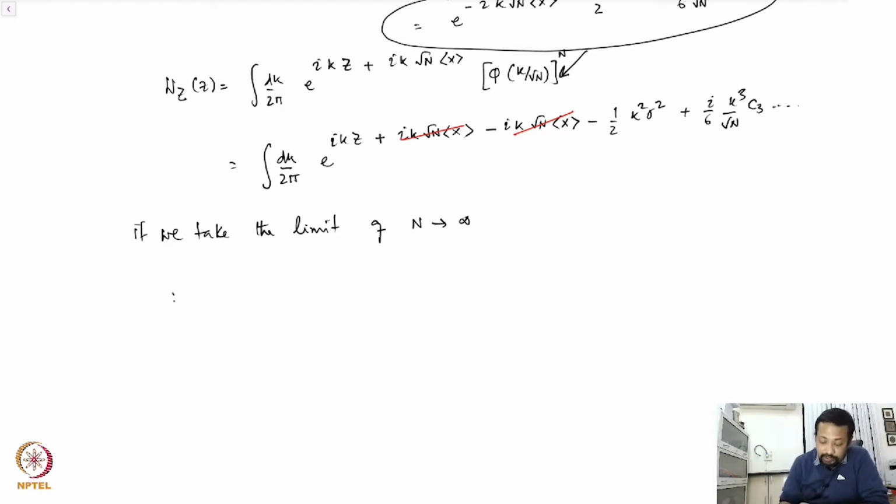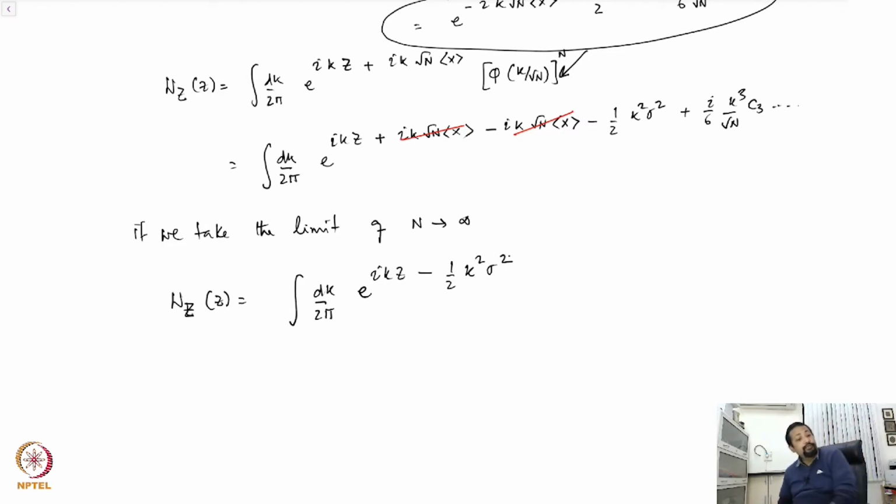Essentially W of z is left with dk over 2 pi e to the power ikz minus half k square sigma square. All we have to do now is integrate over k, and once you do this, you will see that this integration is going to give you e to the power minus z square over 2 sigma square.